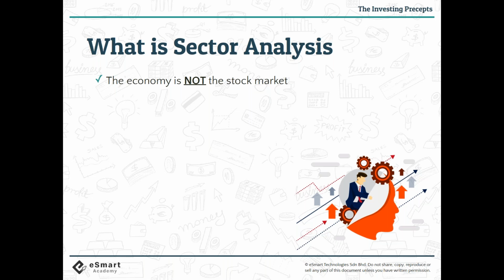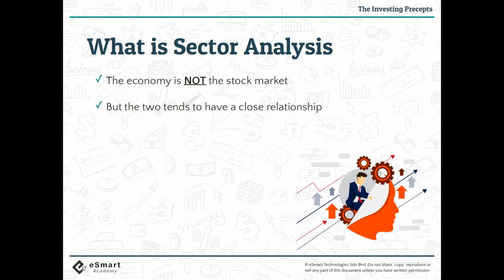This is a common misconception that newer investors or traders might have: they think that if the economy is good, the stock market is going to be good, and if the economy is bad, the stock market is going to be bad. No, the economy is not the stock market. They have a close relationship, but they are not equal.